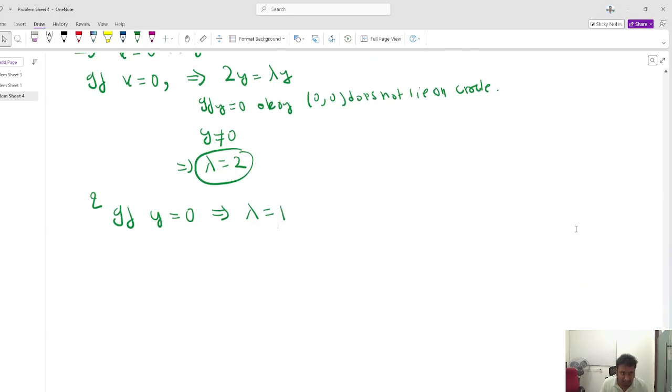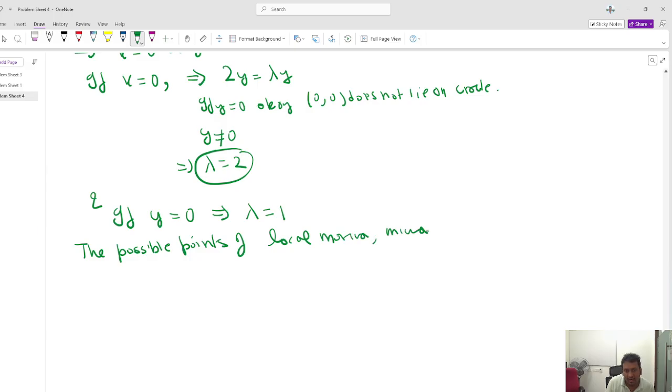So meaning the possible points of local maxima, minima are (0, y), where this point lies on the circle, meaning y square equal to 1, and (x, 0), where x square plus y square, which is 0, equal to 1.